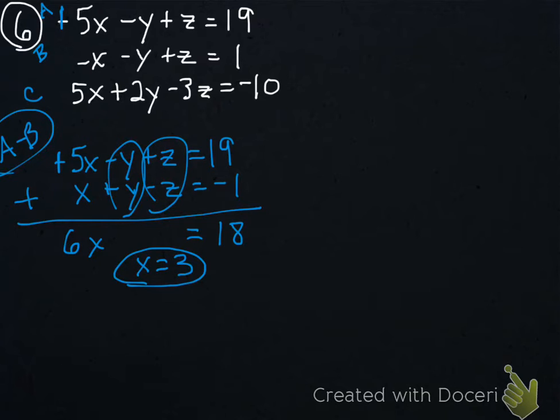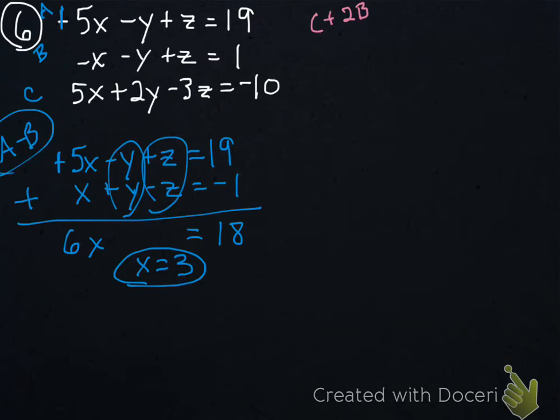I could plug it in to find one of the other letters, but I need to simplify and add some together in order to do that. So let's add together C and B. Only let's multiply B by 2 in order to eliminate that y value again. So I'm going to have C plus 2B.